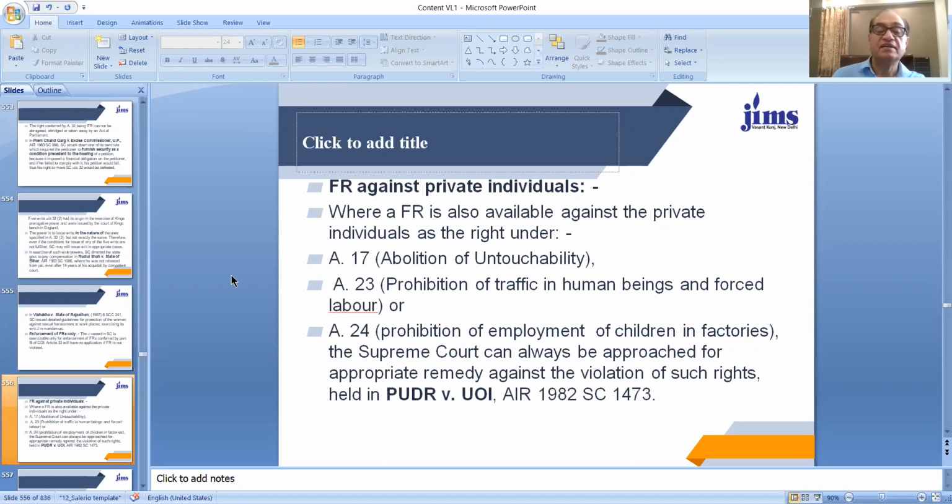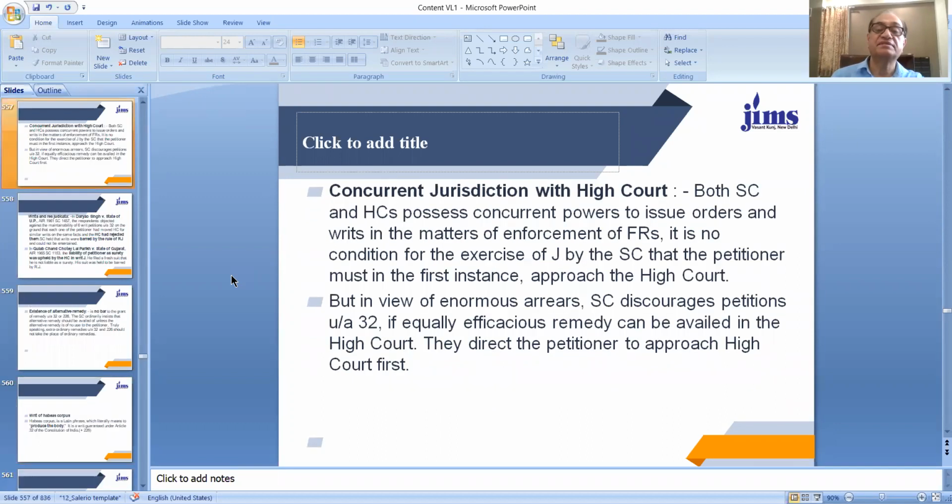This was held in People's Union for Democratic Rights versus Union of India, that even fundamental rights can be enforced against private individuals also, not only against the state, but against those private individuals who are going to violate the fundamental rights. And dear students, this jurisdiction of High Court and Supreme Court is concurrent.